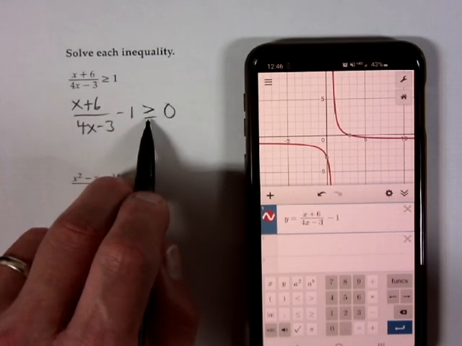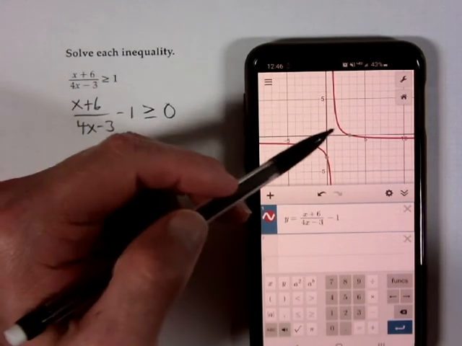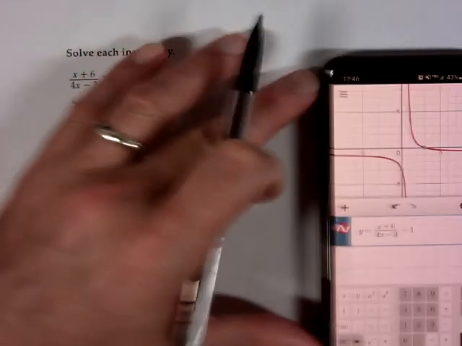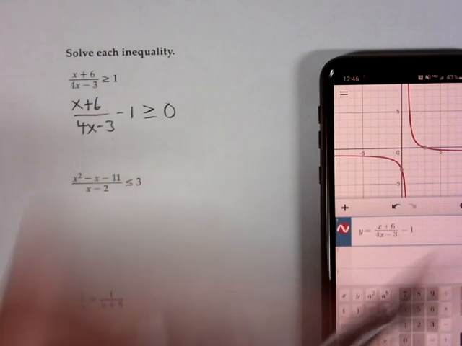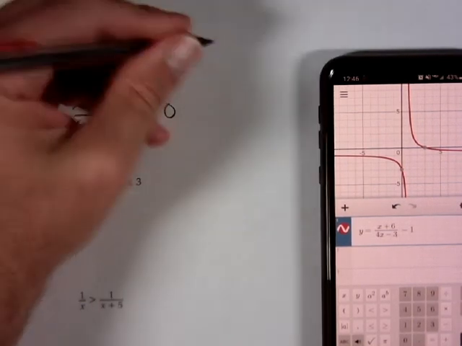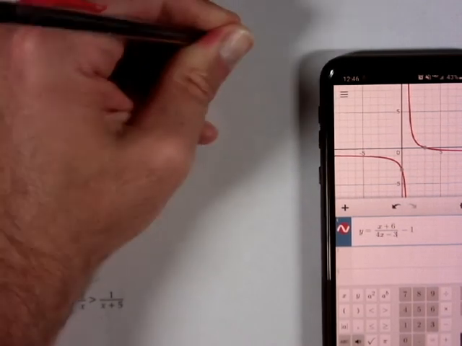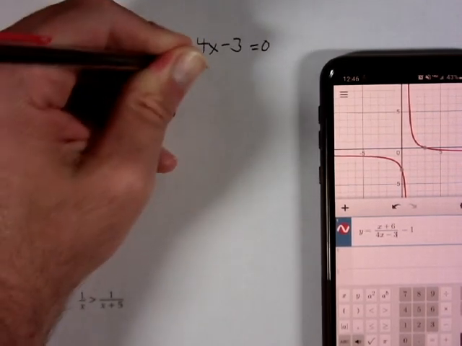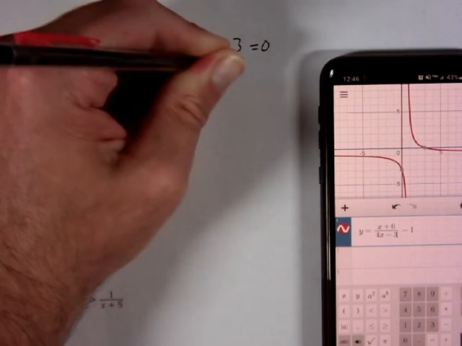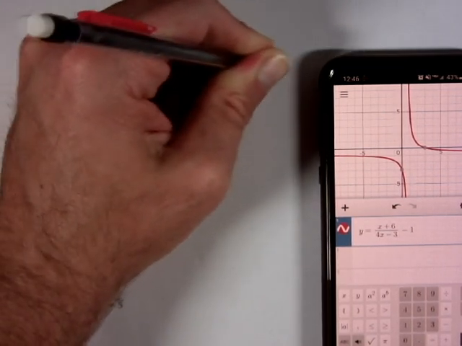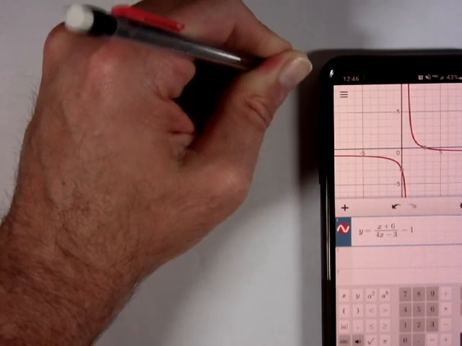Now, I want to figure out where this vertical asymptote is. It doesn't turn out to be an integer number this time, but I can figure it out by solving 4x minus 3. I want to figure out where that's equal to 0. Well, if I go 4x is equal to 3 and then divide by 4, then we can see pretty quickly that x is equal to 3 over 4.